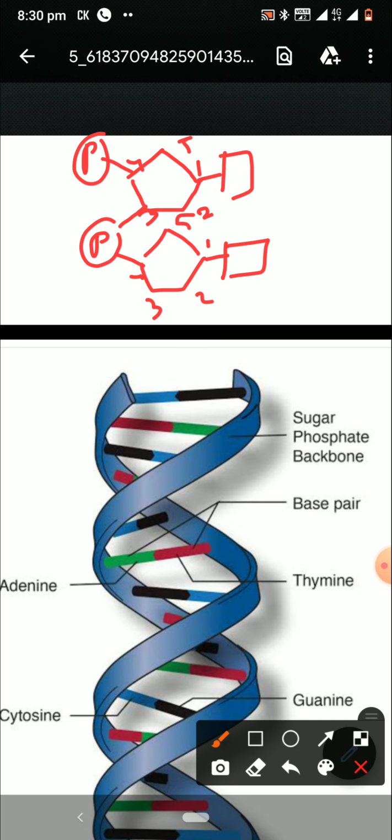So this phosphate group will be attached to the 3rd carbon atom of the ribose sugar above and the 4th carbon atom of the ribose sugar below. Similarly all the nucleotides will be combined in this fashion, and these ribose sugars together will form the sugar phosphate backbone of DNA.